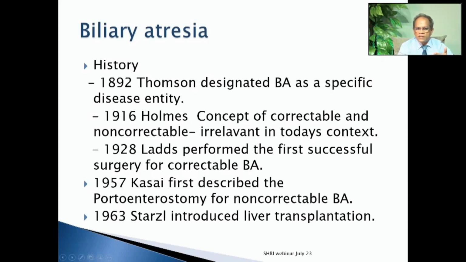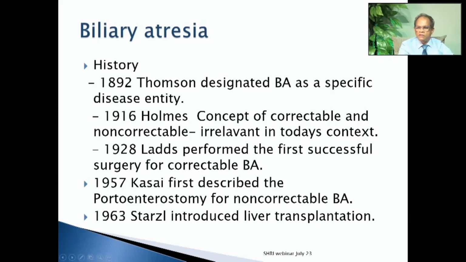And of course, in 1963, Starzl introduced liver transplantation as a form of therapy for biliary atresia. Usually, those who do not survive or are not anicteric following a portoenterostomy were offered liver transplantation. But there are a few centers who offer primary liver transplantation for those who come beyond the 3rd month of life.